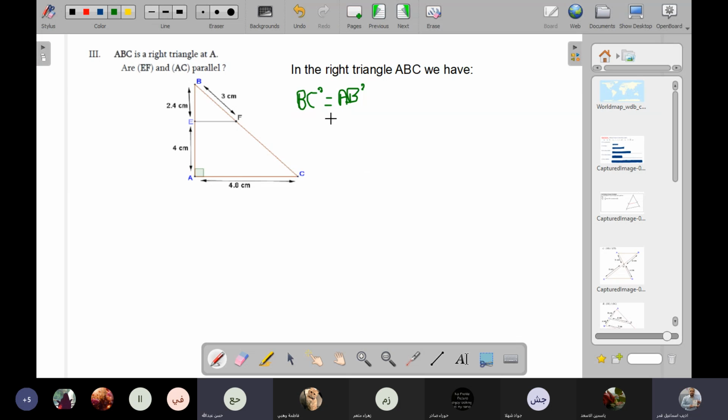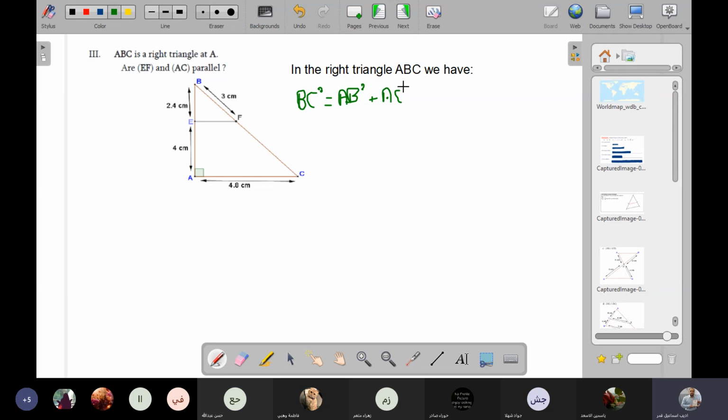To apply Pythagoras theorem in a triangle, first we look to the right angle and we find the hypotenuse. So here BC square is the hypotenuse, which is the longest side. And the square of the longest side, BC square, is equal to the sum of the squares of the legs, AB square plus AC square, plus, not minus. Okay?